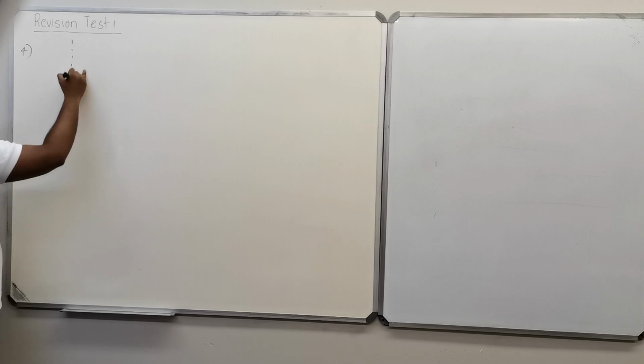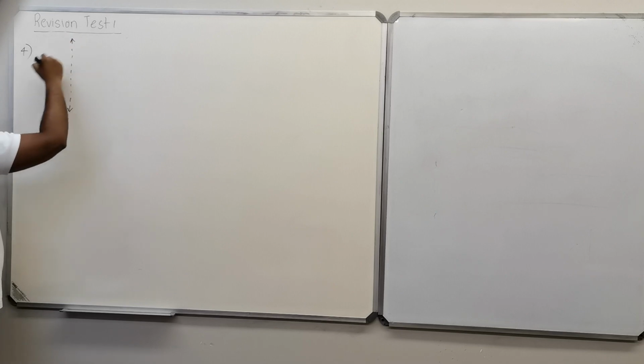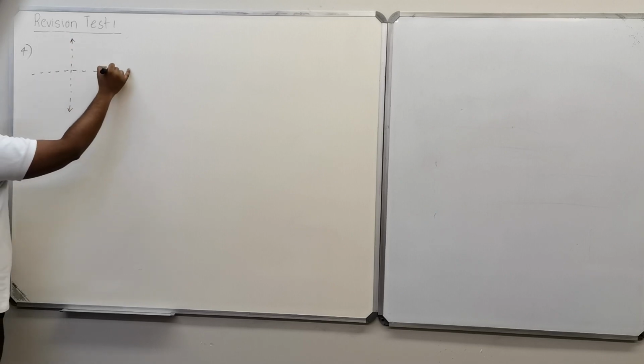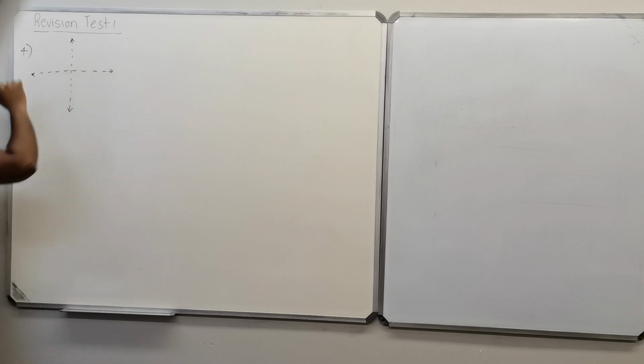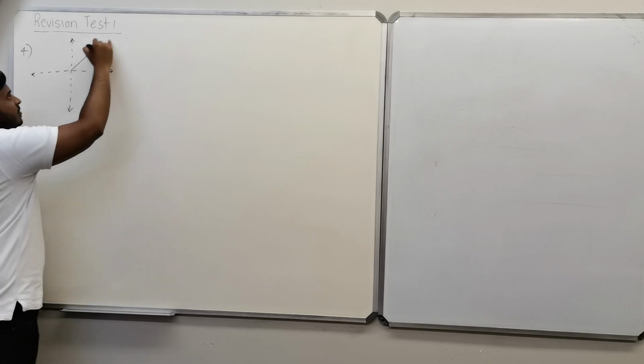Draw a Cartesian plane. Everybody has to contribute, because it's not one person answering all of it. Northeast, vehicle A is equal to 90 kilometers per hour.